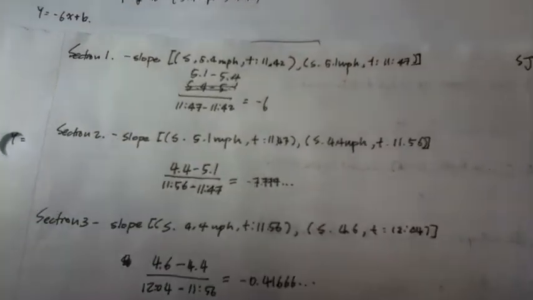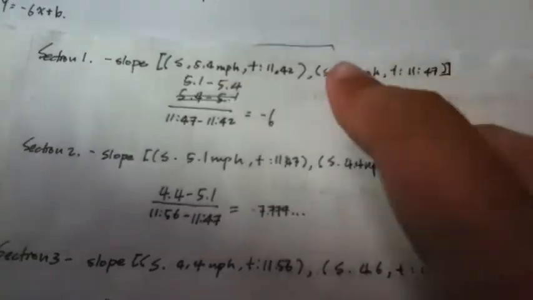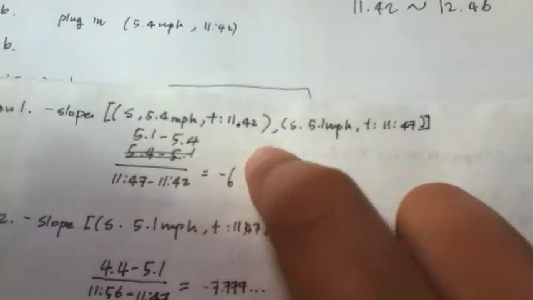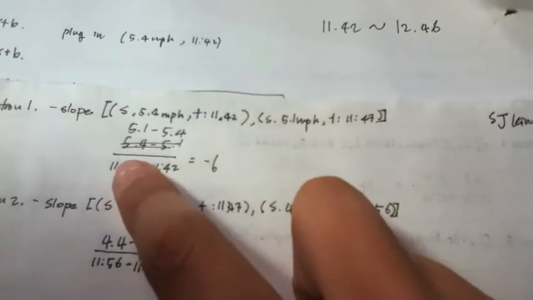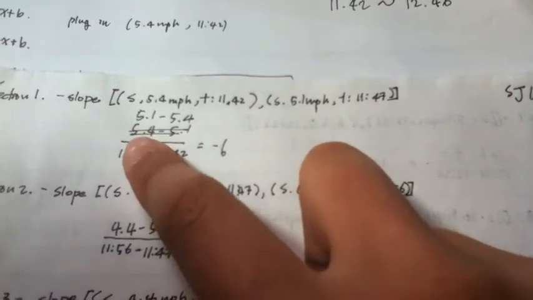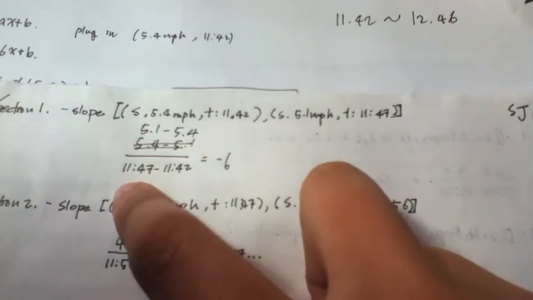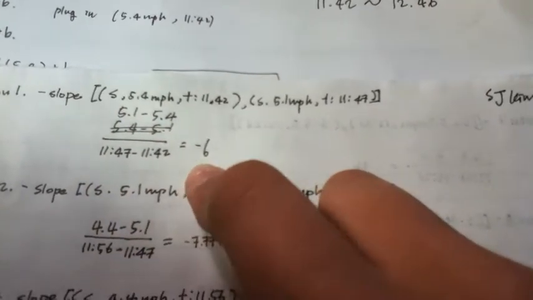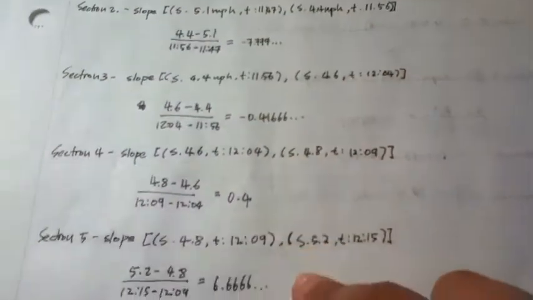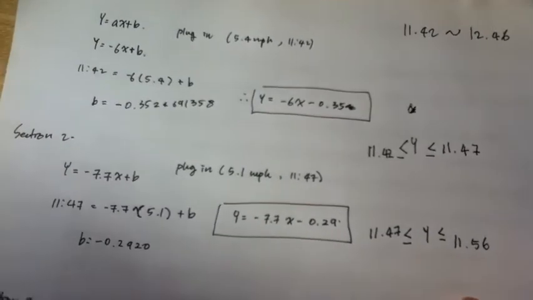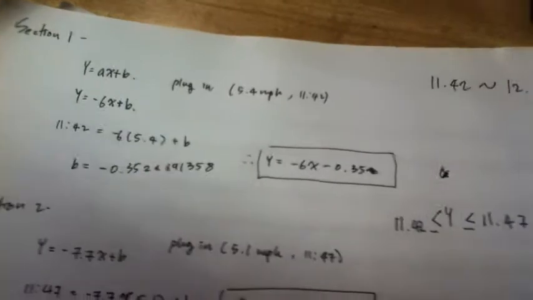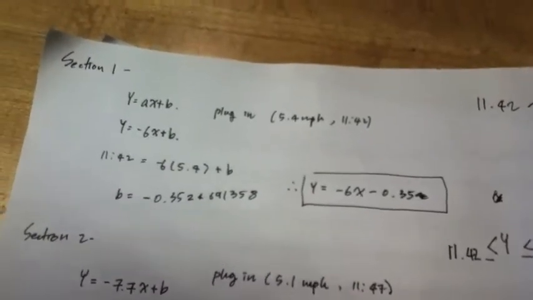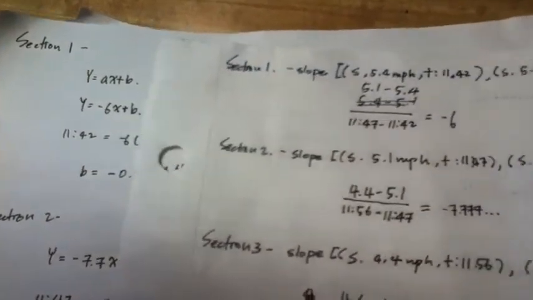I used the coordinates, x1, y1, x2, y2, so the slope is the change in y over the change in x, which is -6. In the same way, with those slopes, I found the function. I used y equals ax plus b, and plugged in the slope I got. Like here in section 1, I got -6.